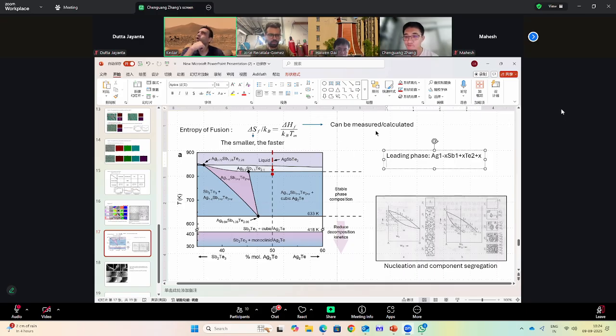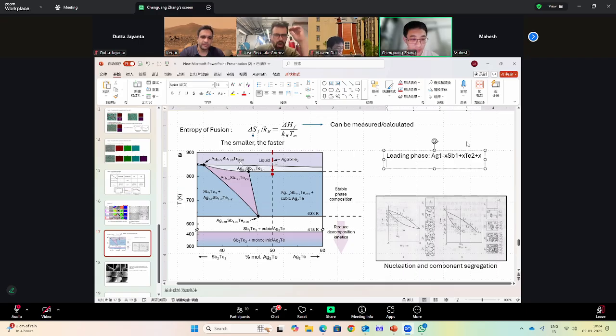Okay, so you're basically normalizing everything with respect to the liquidus line. Does Tm stay fixed for all the phases here? Like antimony telluride has the same Tm, Ag2Te has the same Tm, or is the Tm different? I mean, it could be different.